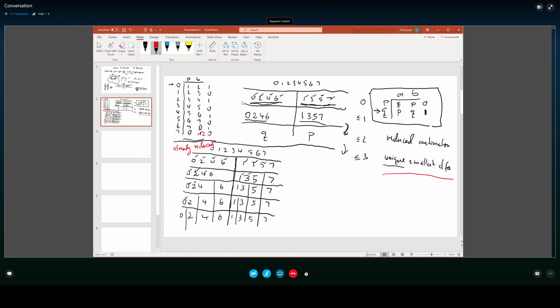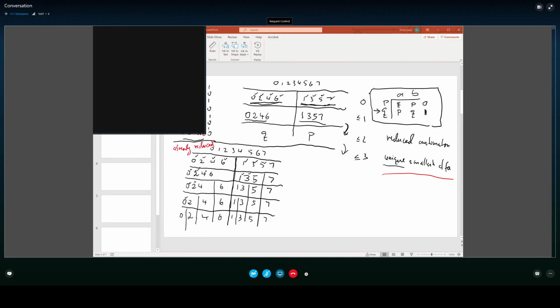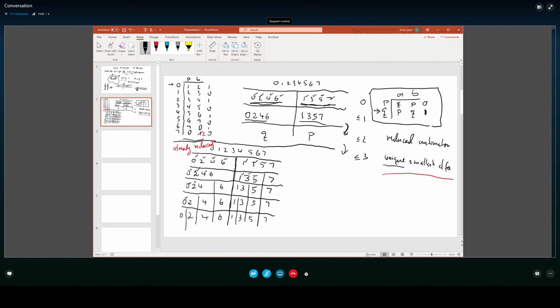Two yeses. The first one is yes, of course, the smaller things are, the better it is for you. If you can get the same functionality with a smaller automaton, then you probably should use that.